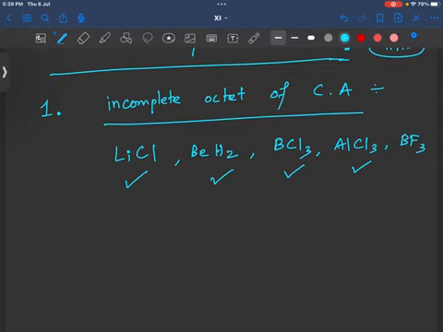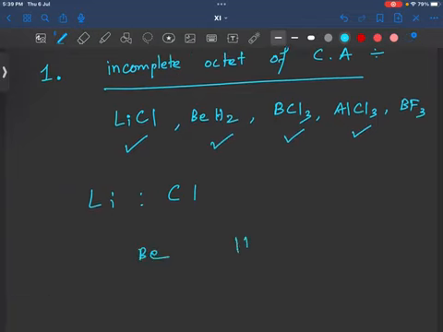Is the octet complete for any central metal atom? But still they exist. So this cannot be the answer. This theory is not perfect. For example, in LiCl, what will it be? Li with 2 dots here.